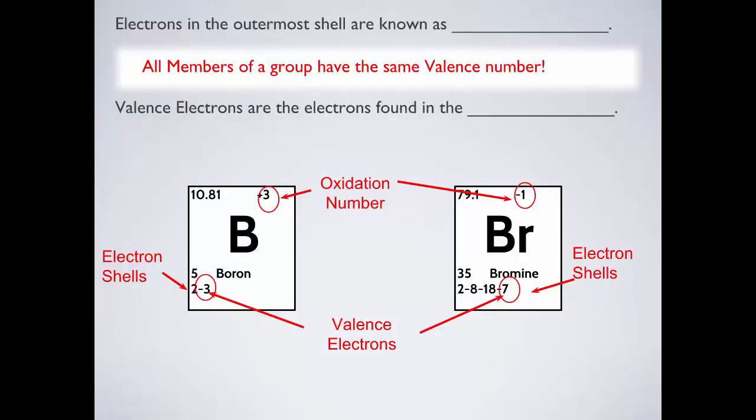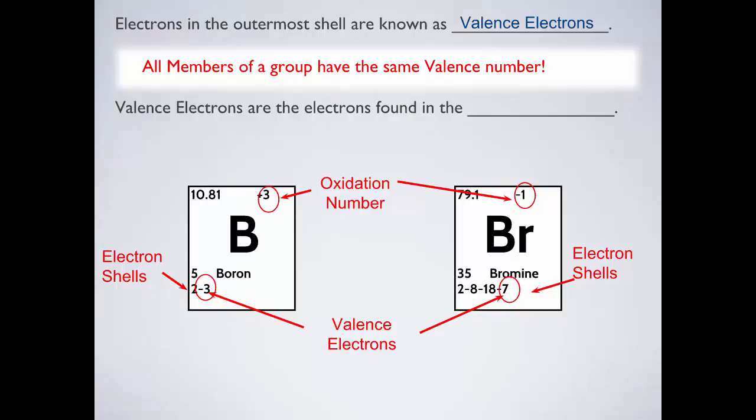So we use this information to talk about what we sometimes call the oxidation or valence number of an element. Those outermost electrons are called the valence electrons. And if you look on your periodic table, everything in one group has the same number of valence electrons.